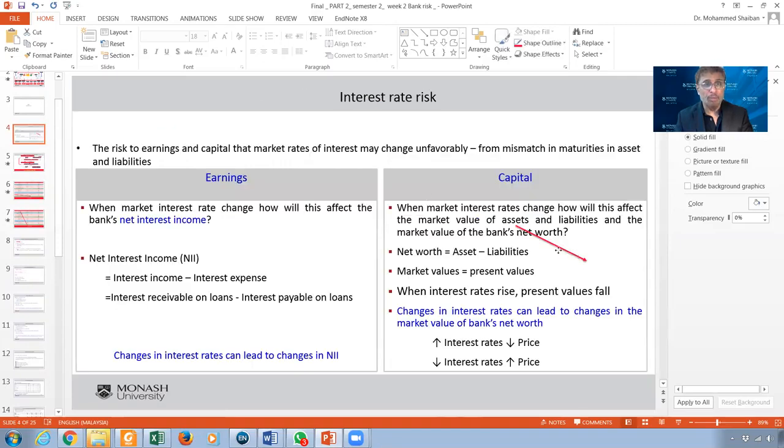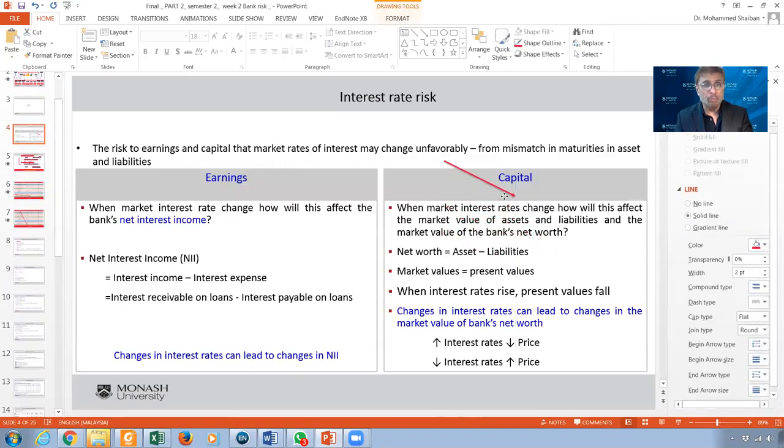No, I'm not talking about this area. This area is completely ignored. I'm only talking about the net interest income. This is what the repricing model does. So they don't talk about the impact on the net worth. They only talk about the impact on the net interest income. And this is actually one of the problems.